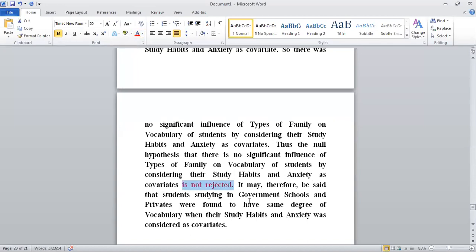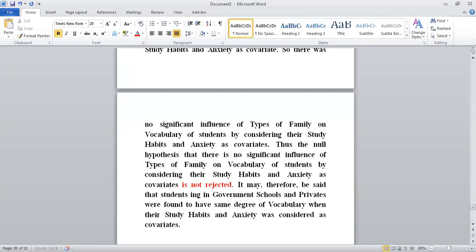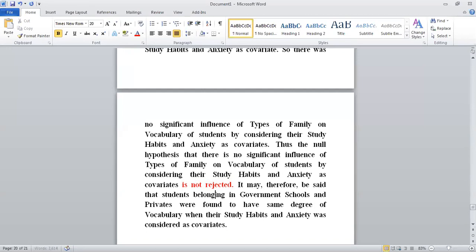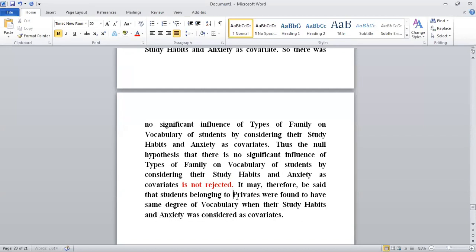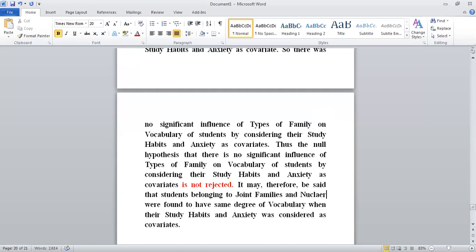It may therefore be said that students belonging to joint families and nuclear families were found to have the same degree of vocabulary when their study habit and anxiety was considered as covariate. So this is how you have to write for the one.